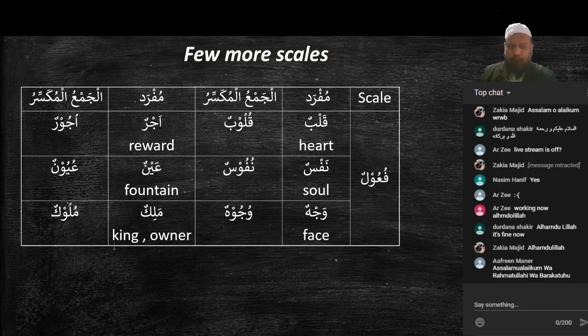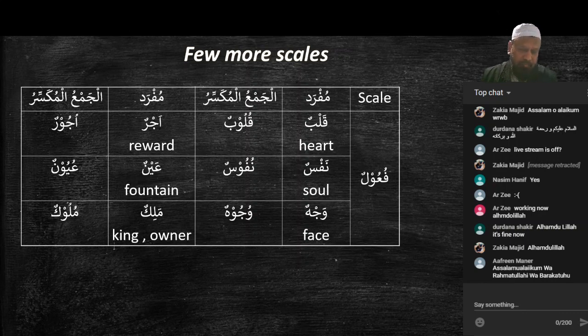Another meaning of Aynun is eye, but its Jama does not fall under this scale. If the Jama is Uyunun, this will be a fountain. The Aynun, the eye, Jama will be A'yunun, on the scale of Af'ulun.